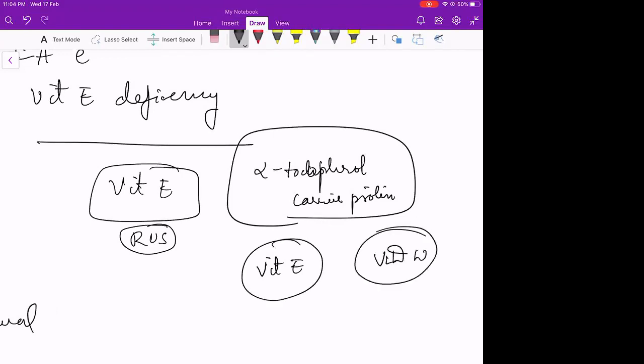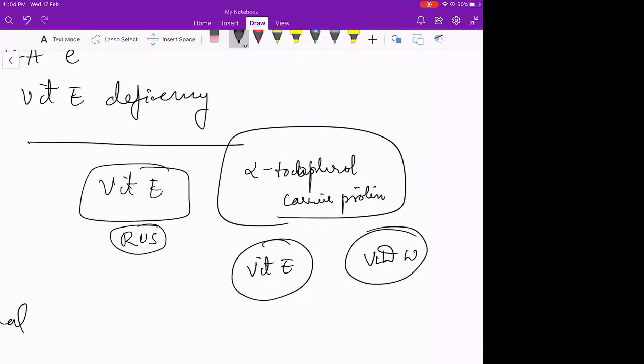Hence it will not be transported to the peripheral tissue, and the patient will have no vitamin E. That's why the patient will develop ataxia. So if we correct with alpha tocopherol externally, the patient's symptoms might reverse sometimes.